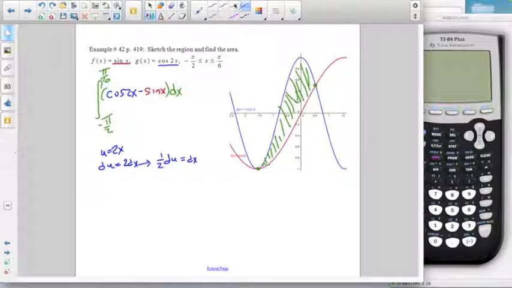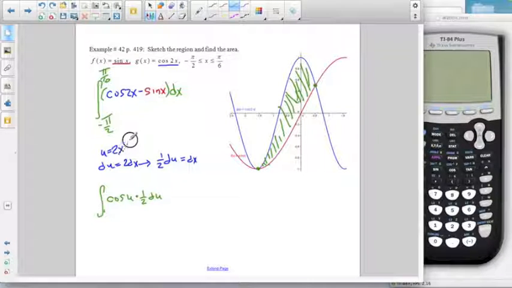So looking at that u sub, the expression for the upper function becomes, instead of cosine of 2x, cosine of u times 1/2 du.